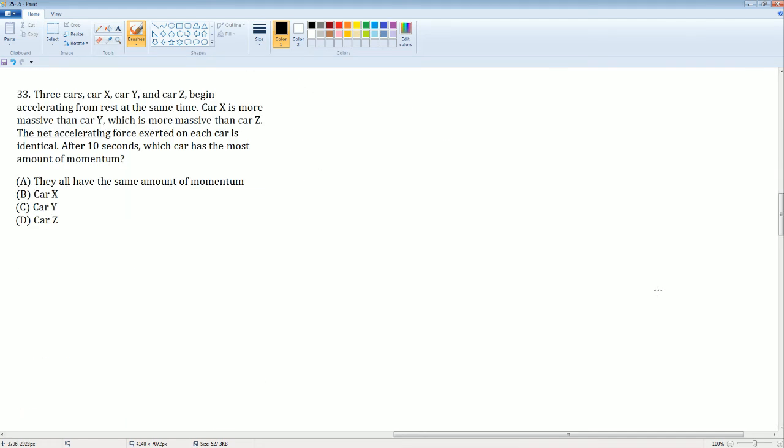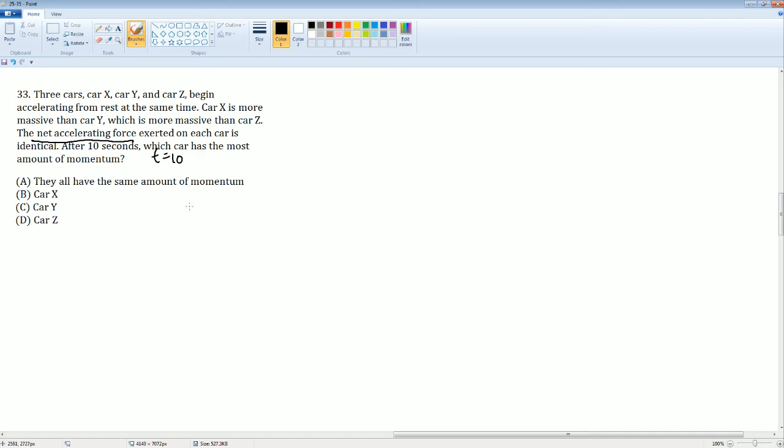3. Here are 3 cars. Car X is more massive than car Y, which is more massive than car V. The net force is identical. The time here is going to be 10 seconds. They all have the same momentum.